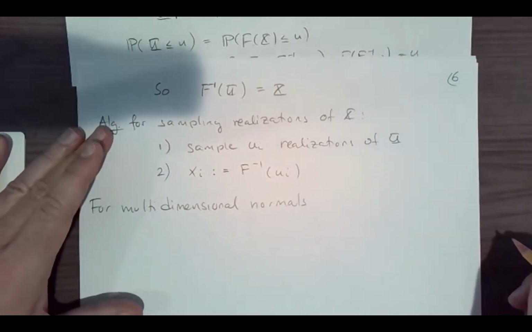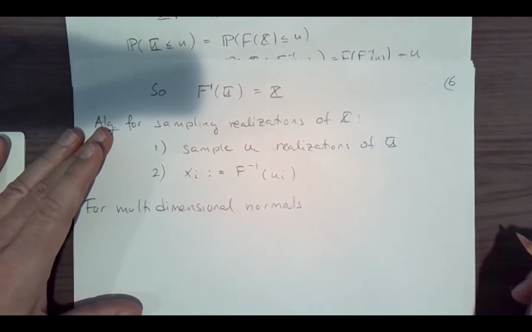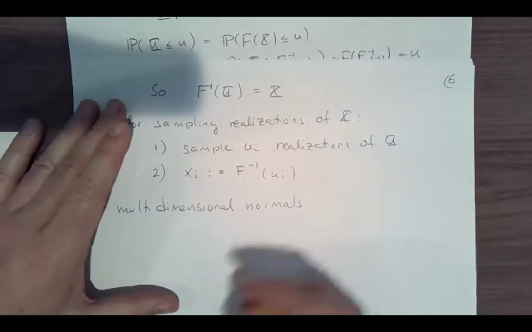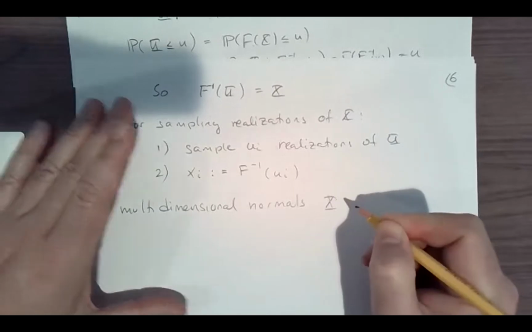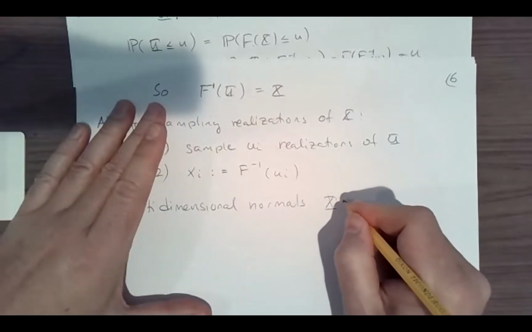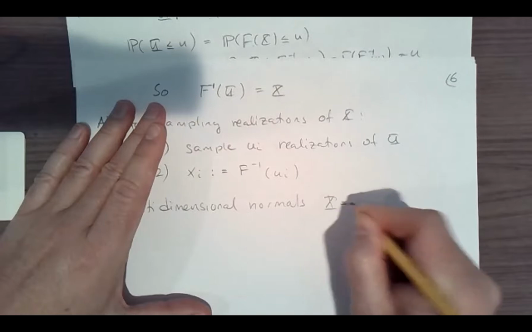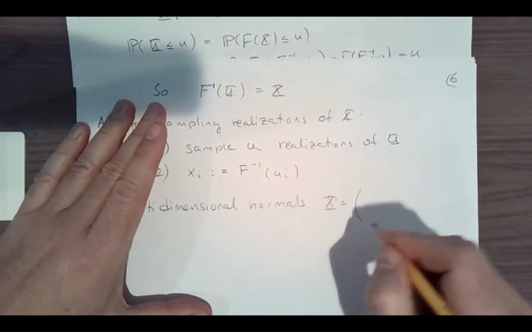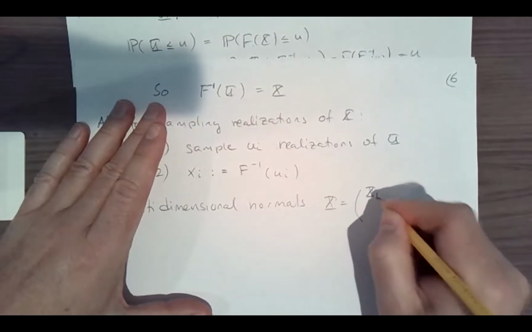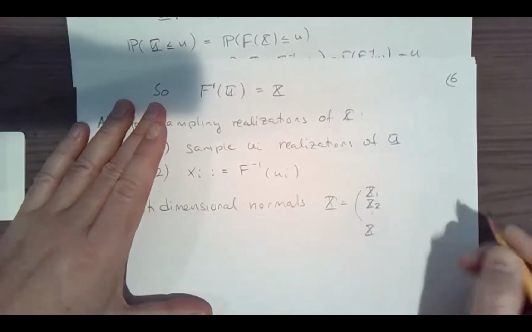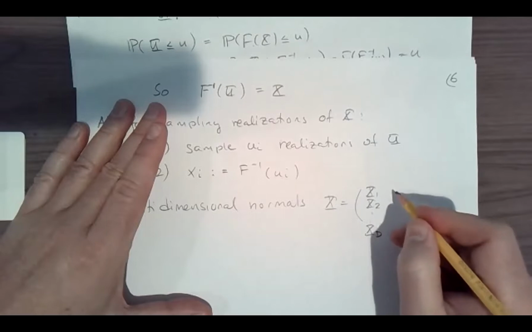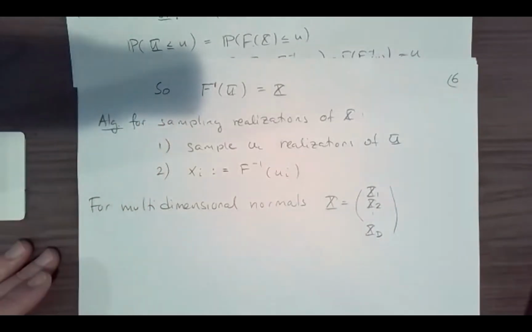For multidimensional normals, now you have X is a vector. So X is equal to X1, X2, down to Xd, where each Xi is one-dimensional.